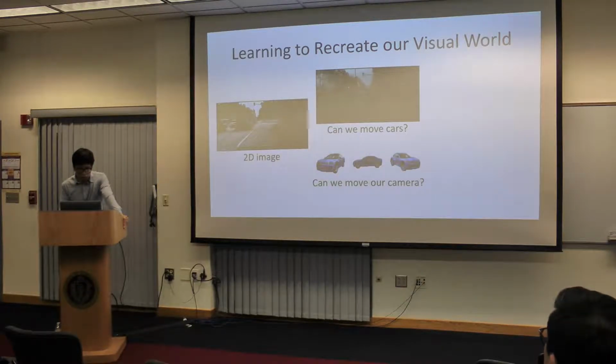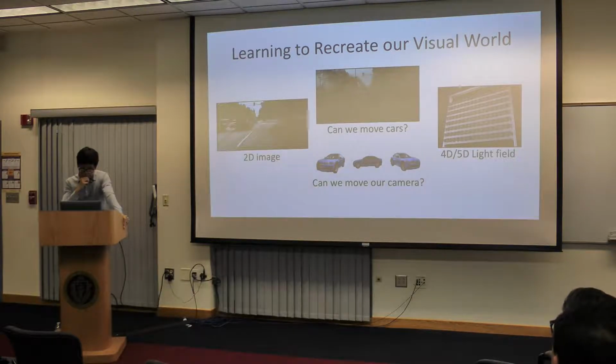And also, given the same particular moment and this particular image, we should be able to change the camera viewpoint, so we can see different viewpoints of the same object and same car. And eventually, I will not mention it here, but we'll try to generate the 4D and 5D light field function, where you sample different camera viewpoints at any location in the world.